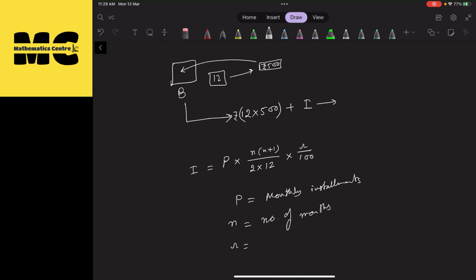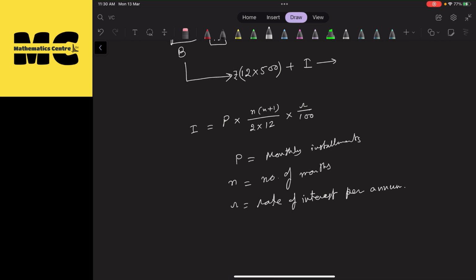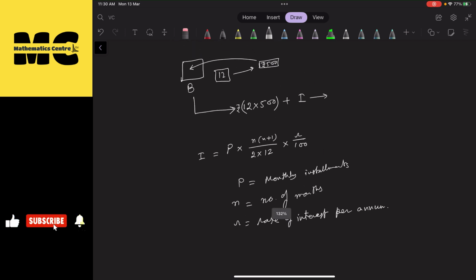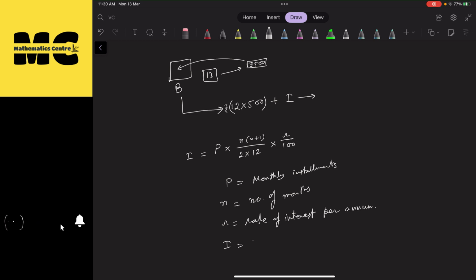What is r? r is the rate of interest per annum. And here I is called interest.